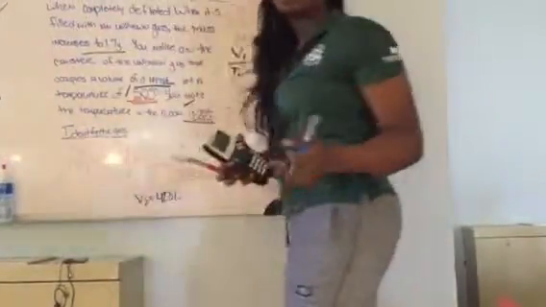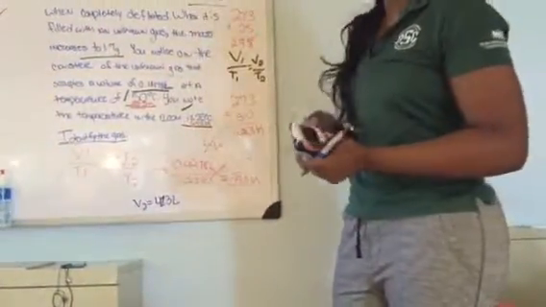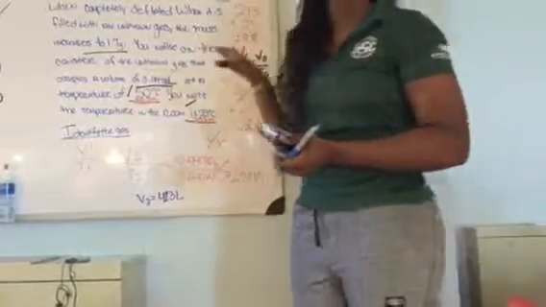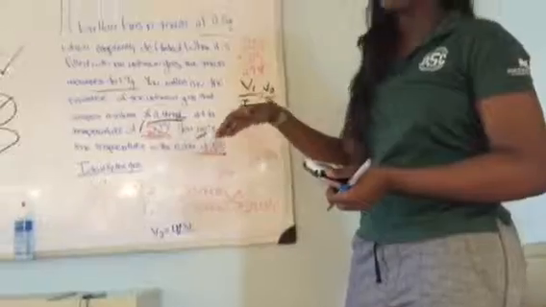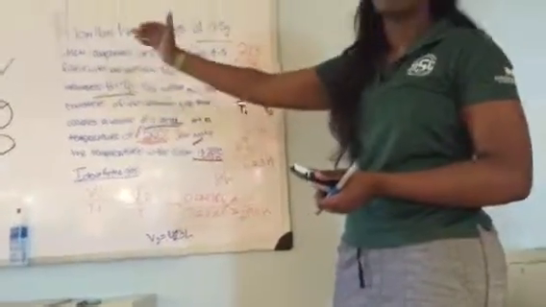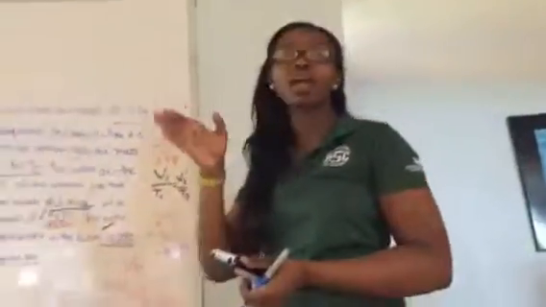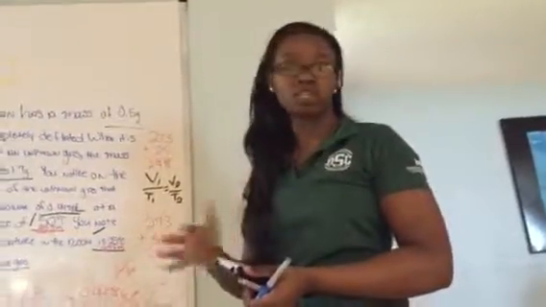Yes, listen, this is time consuming. I know you're probably like, oh my gosh, why are we doing so much? Because when you have extended problems like this, you're able to learn more about the different equations and how they apply to PV equals nRT. And then you're like, okay, I'm ready for the test. It's really easy.